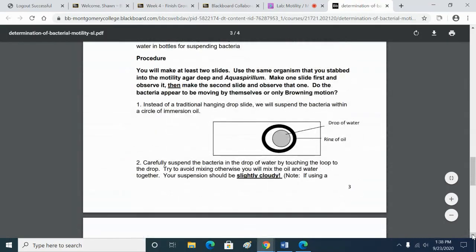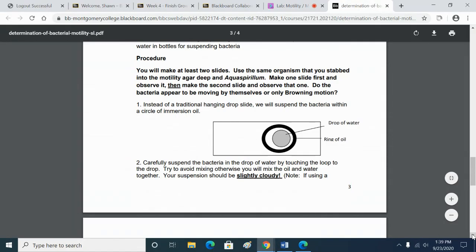Now, for the wet mount, and we're actually going to see some videos of this technique, the idea is to observe live unstained bacteria and see if they're actually moving on their own. Now, all particles suspended in water move. We call that Brownian movement or Brownian motion, because the water molecules are hitting those particles and causing them to randomly vibrate.